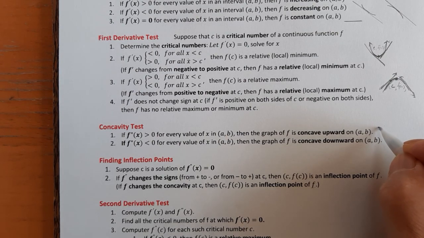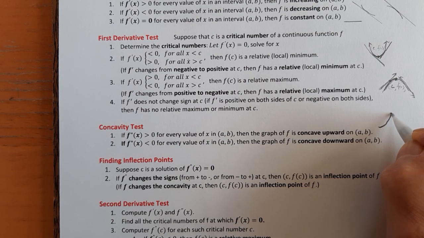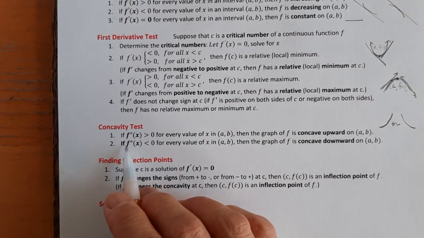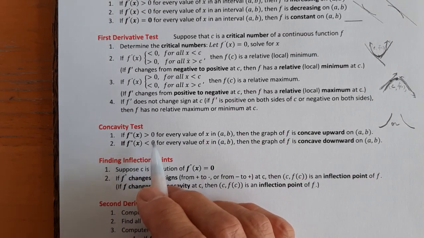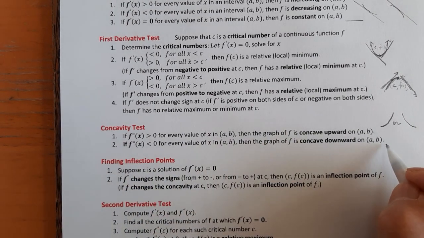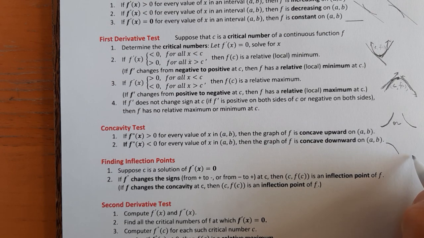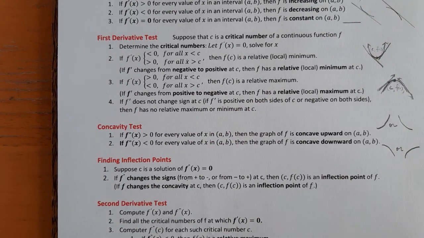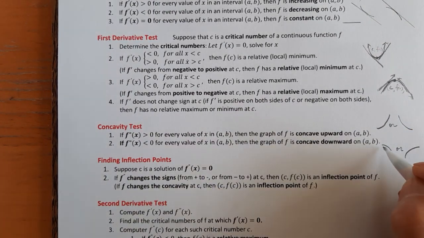Concave upward, whether increasing or decreasing. This we call concave upward. And if the second derivative is negative, then the graph is concave downward, whether decreasing or increasing. This we call concave downward.